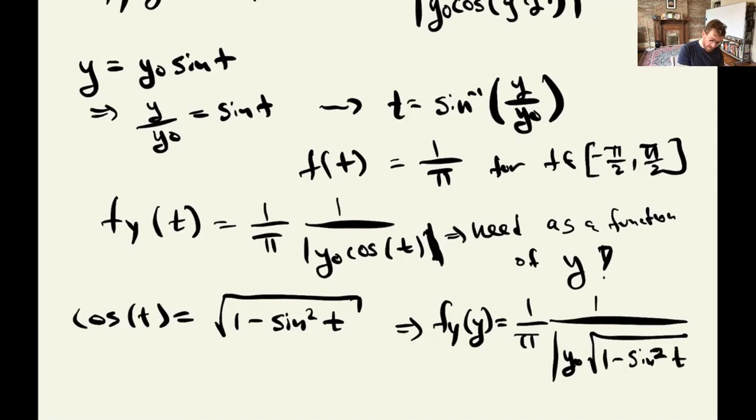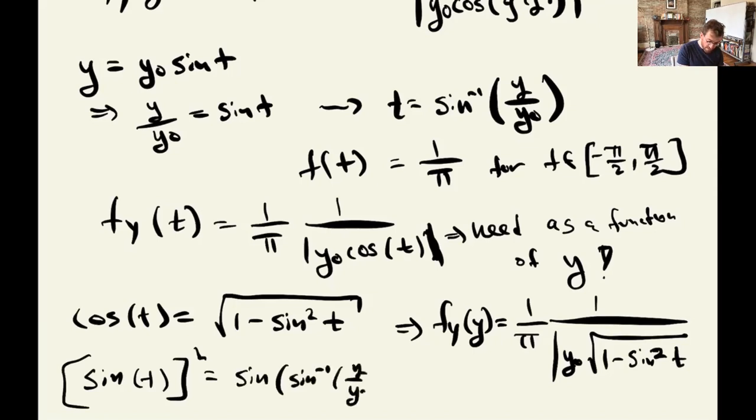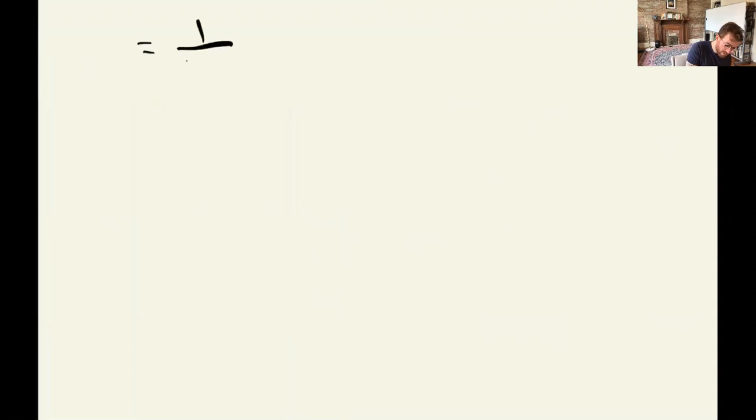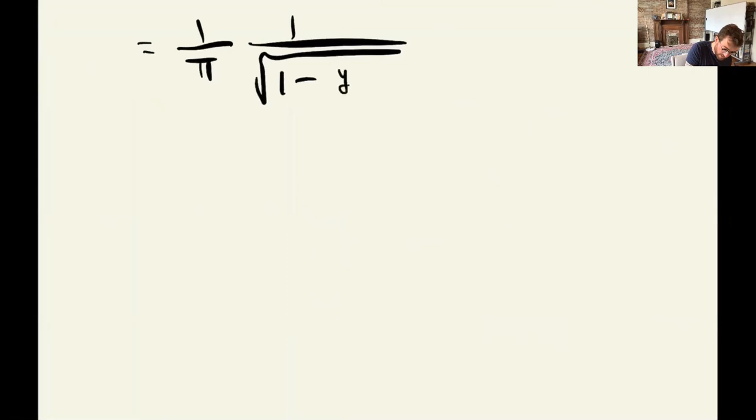But then I need to realize that this sine of t squared, just to make the notation a little bit clearer, is going to be sine of inverse sine of y over y0, squared. So then the final formula is we end up getting 1 over pi. And because the square root is always defined as positive, I can drop the absolute value. This could be 1 minus y over y naught squared.